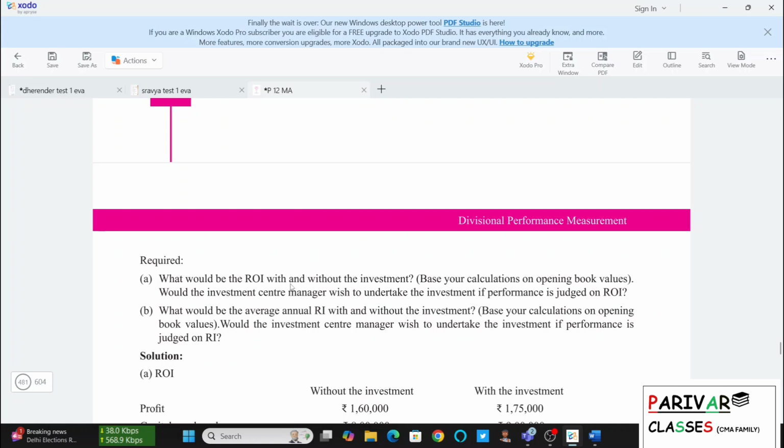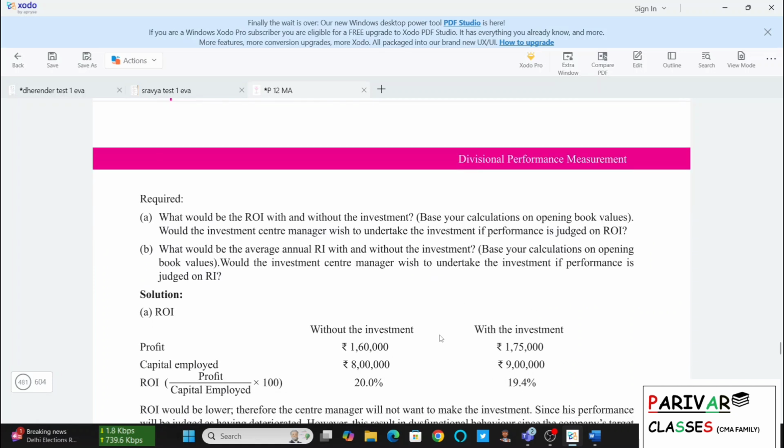What would be the ROI with and without investment? Base your calculation on opening book values. Would the investment center manager wish to undertake the investment if the performance is judged on ROI basis? And question B, what would be the average annual residual income with and without the investment?